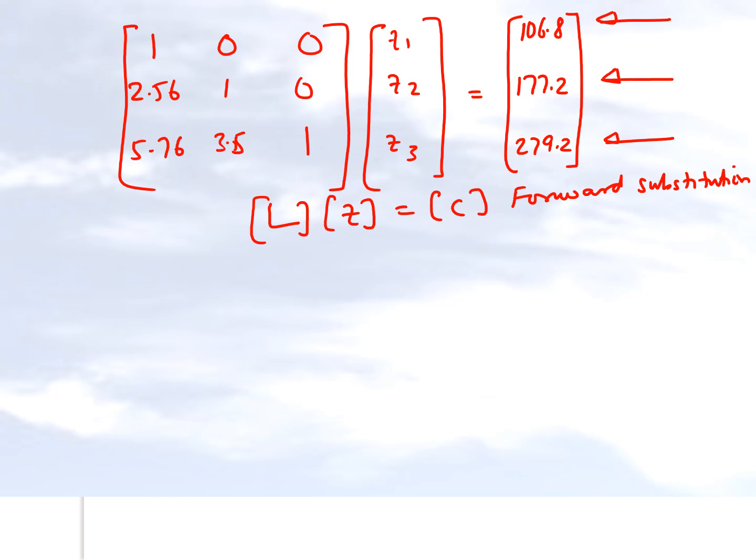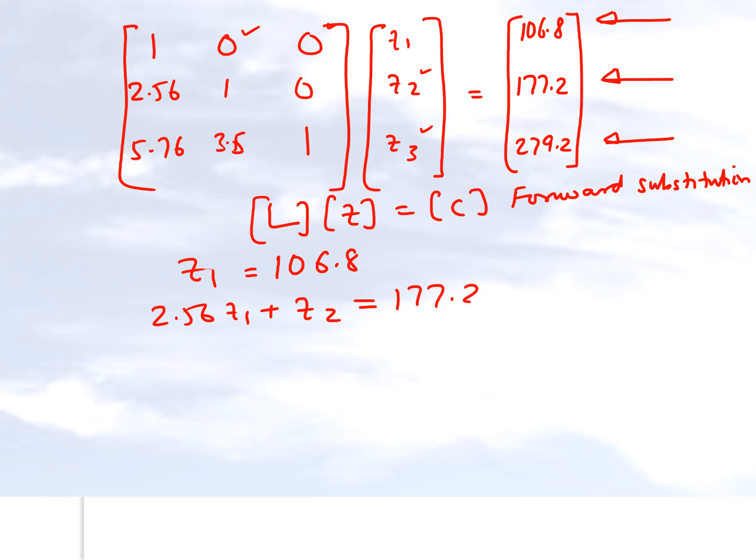So that's the beauty of the forward substitution or back substitution, as you must have seen in your naive Gauss elimination method. If I look at the first equation, that is just Z1 is equal to 106.8, because it's 0 times Z2 and 0 times Z3. Let's look at the second equation. We have 2.56 Z1 plus Z2 plus 0 times Z3, so I don't need to write that.